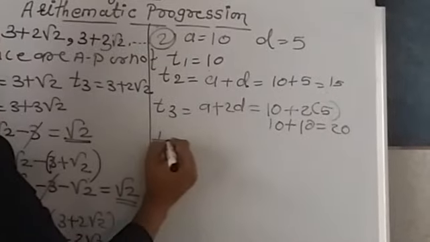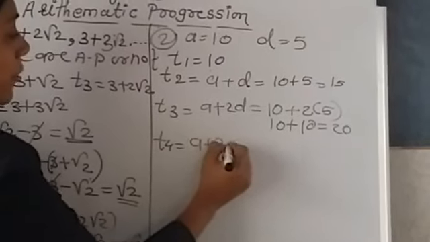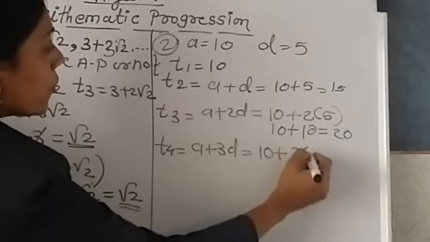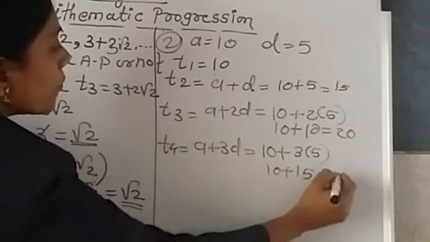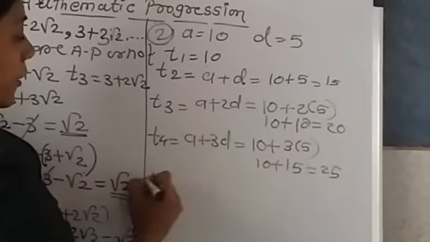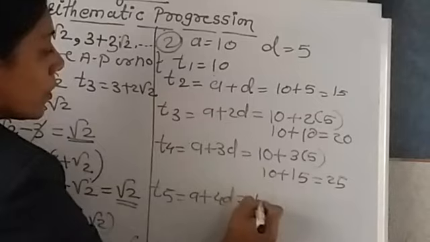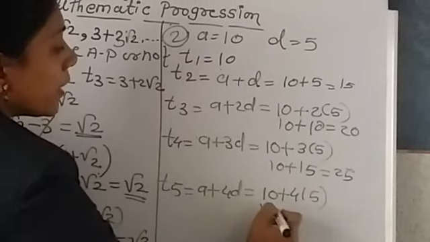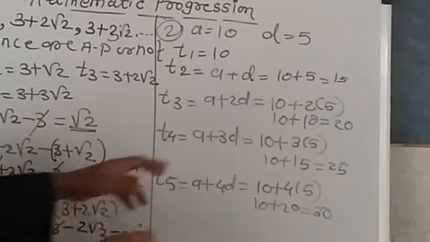Then T4 term. T4 is a plus 3d formula. So 10 plus 3 into 5, 10 plus 15, we get 25. Then T5, a plus 4d. So 10 plus 4 into 5, 10 plus 20, we get 30. See the difference?